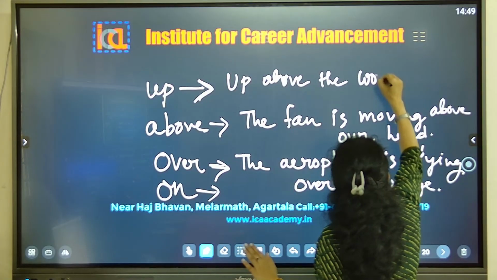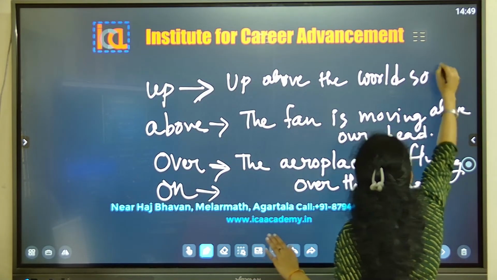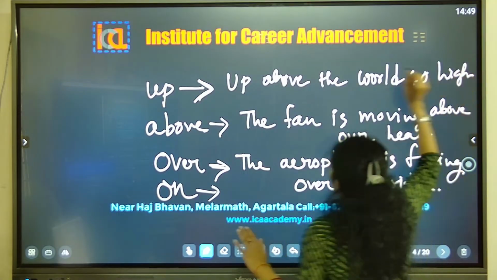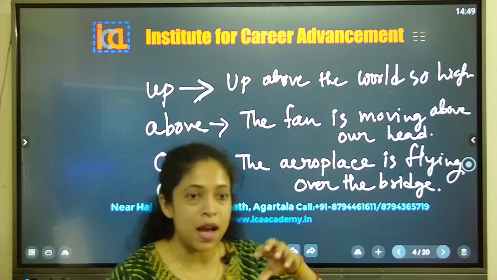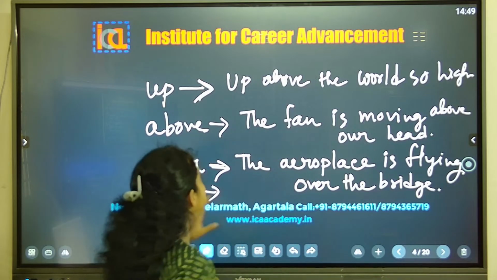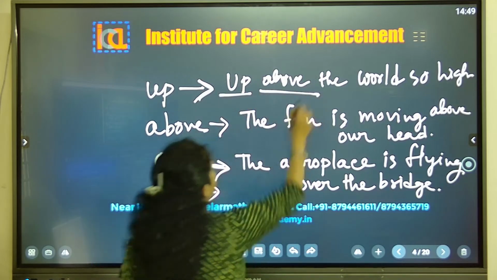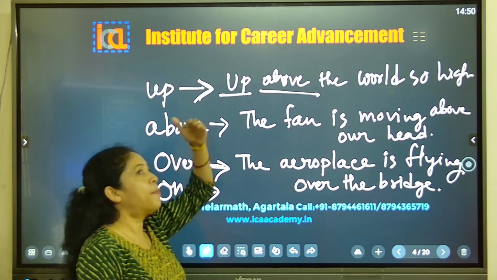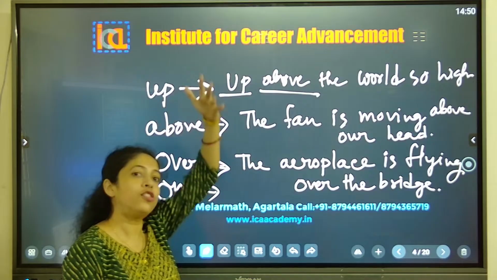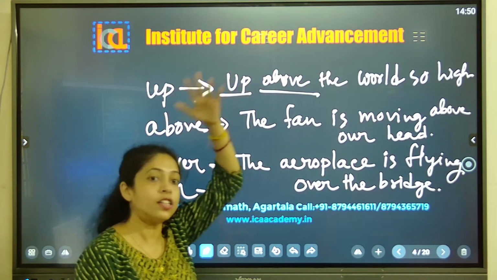Here, for exaggeration, the poet has used up and above also. The sky is up above. It is on the top and above. It is not touching also.